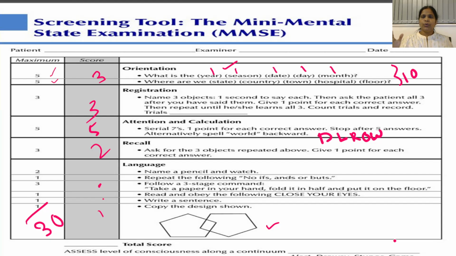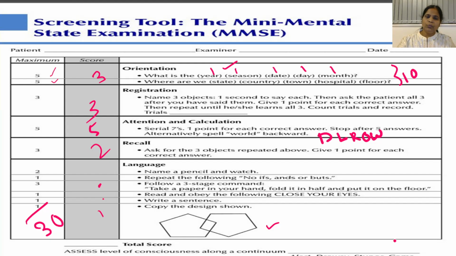If they are scoring between 18 to 22, then we can say they have mild to moderate cognitive impairment. And if the scores are below 18, 17 and below, we say that they have severe cognitive impairment.